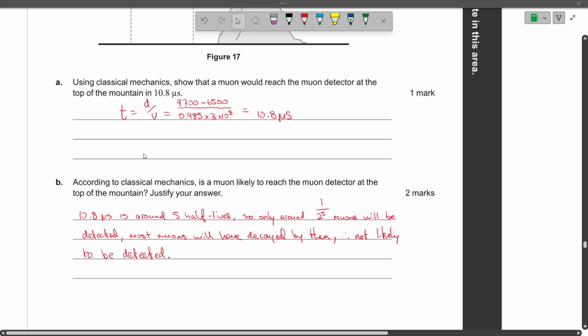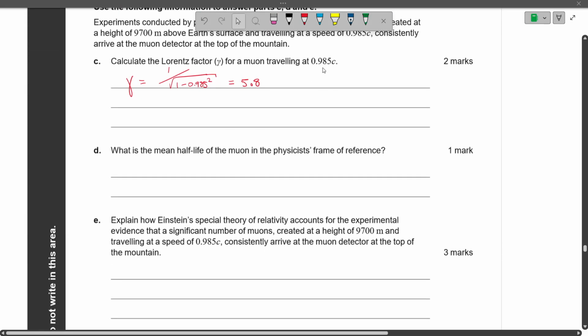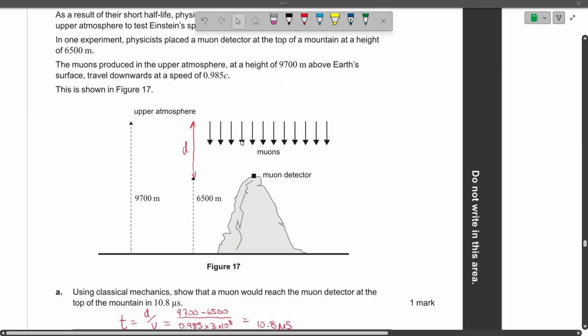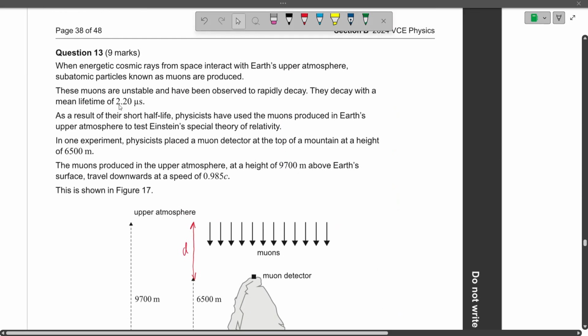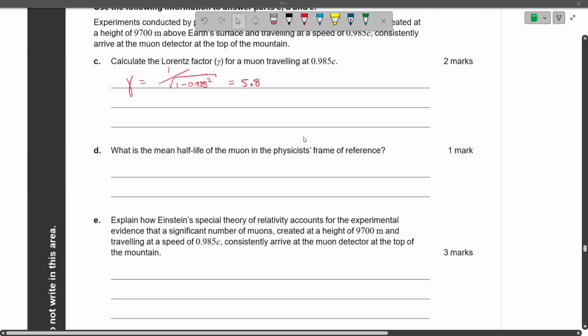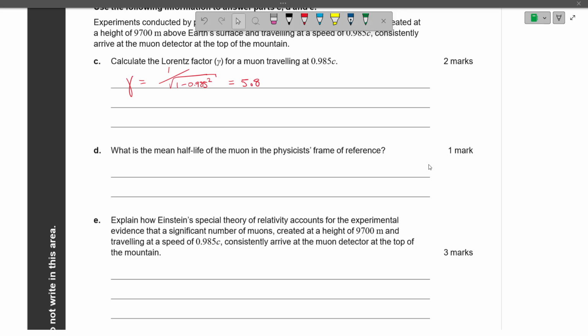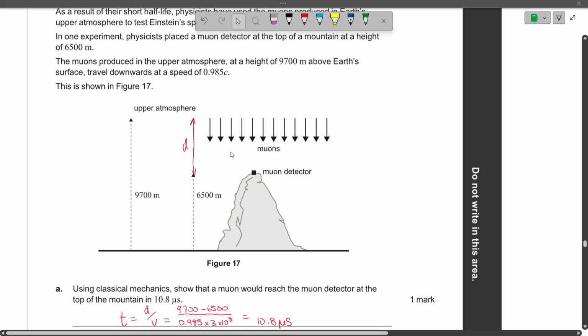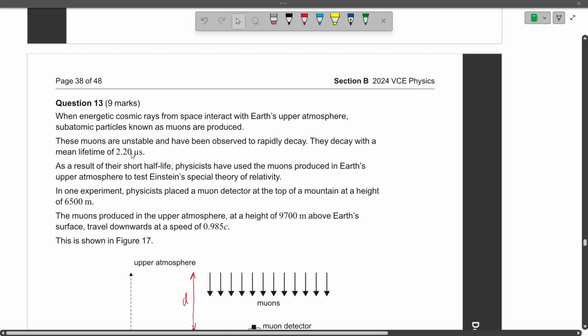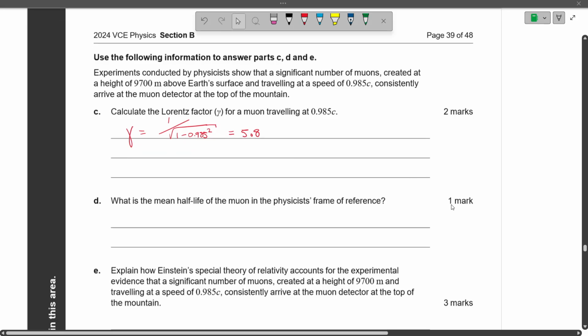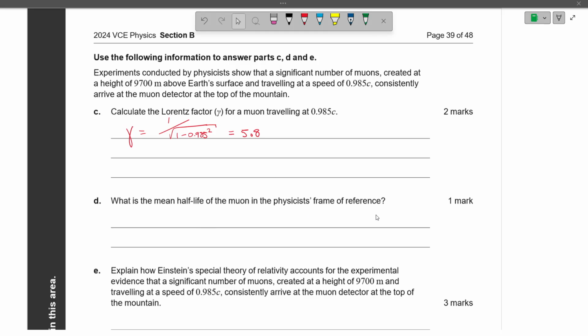I'm pretty sure the question's asking you, now that the muons are traveling at this speed, like this would be the proper time for the muon's half-life, and what the question's asking for is the dilated time for the muon's half-life. So I think a lot of students might have just put that original number there, and because it's only 1 mark, they didn't have to show working out. But a lot of students might have done the dilated time and put their answer here, and it's only 1 mark. I have a feeling that's what happened.